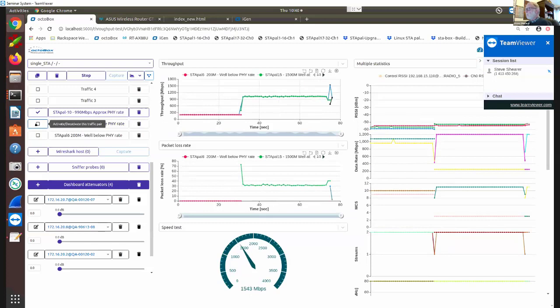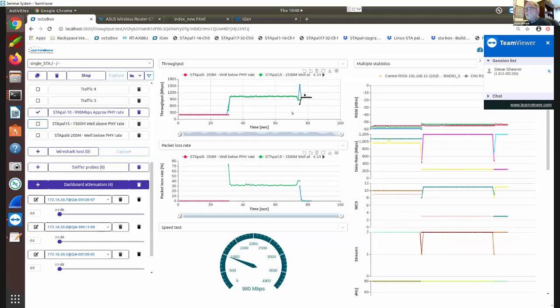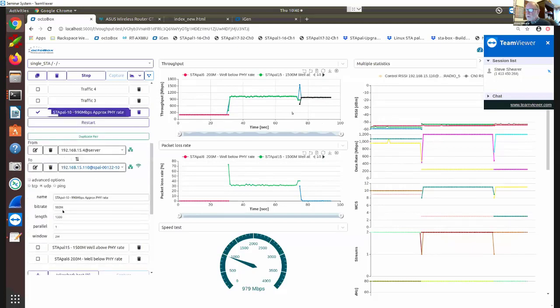So now I've kicked that guy in. We are getting above 900 megabits per second. Our packet loss rate is 0. And if I wanted to, I could go in and tweak this value a little bit. I might even just do that right now.